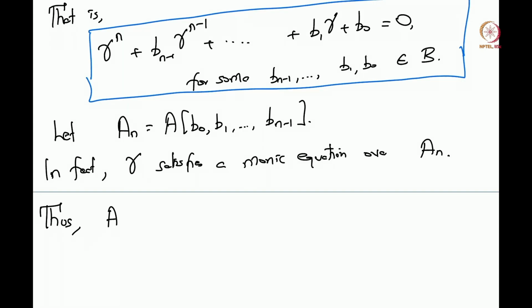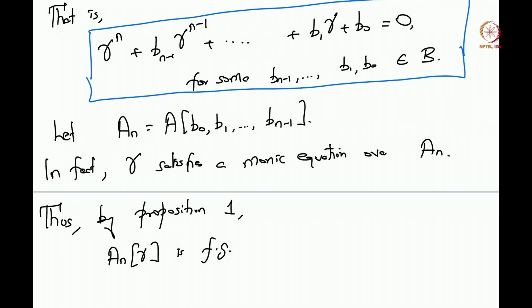So what does that mean? Again, by proposition 1 from the earlier lecture, A_n adjoin gamma is finitely generated as an A_n module.